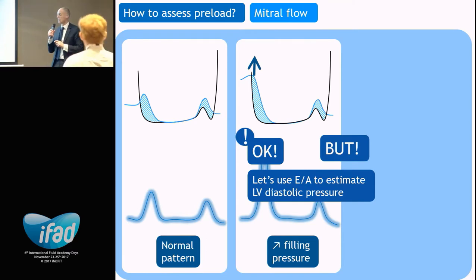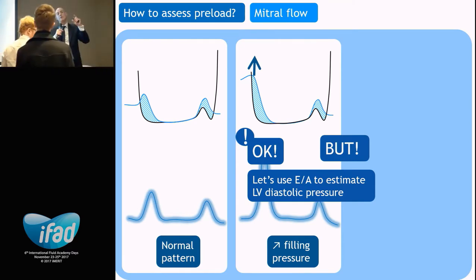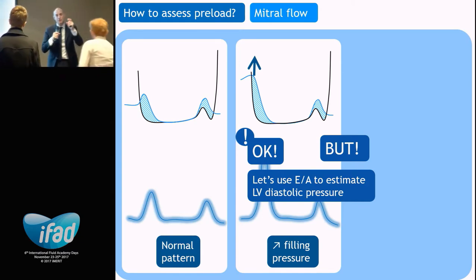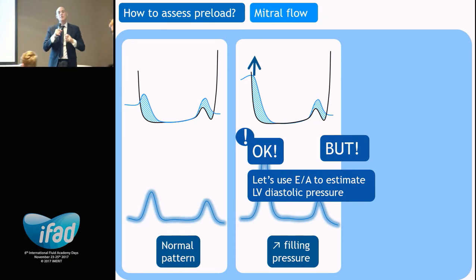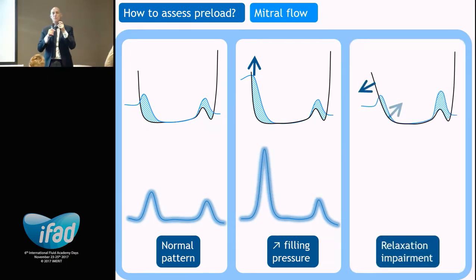Nevertheless, there is a problem. The problem is that the amplitude of the E wave is influenced not only by the left ventricular preload, but also by the left ventricular ability to relax. And again, you easily understand that if there is a relaxation impairment, it means that the slope here of the LV pressure is flatter.